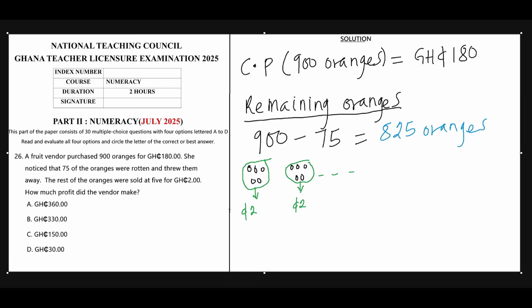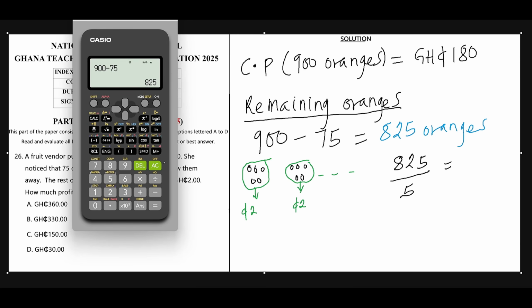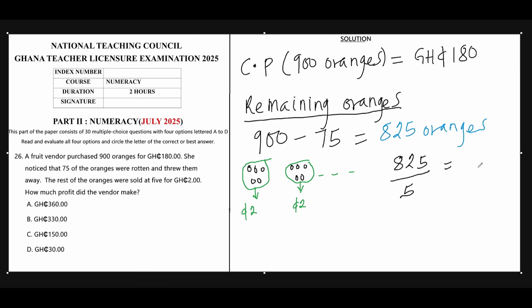So to calculate this, we have 825 divided by 5, which is 165.